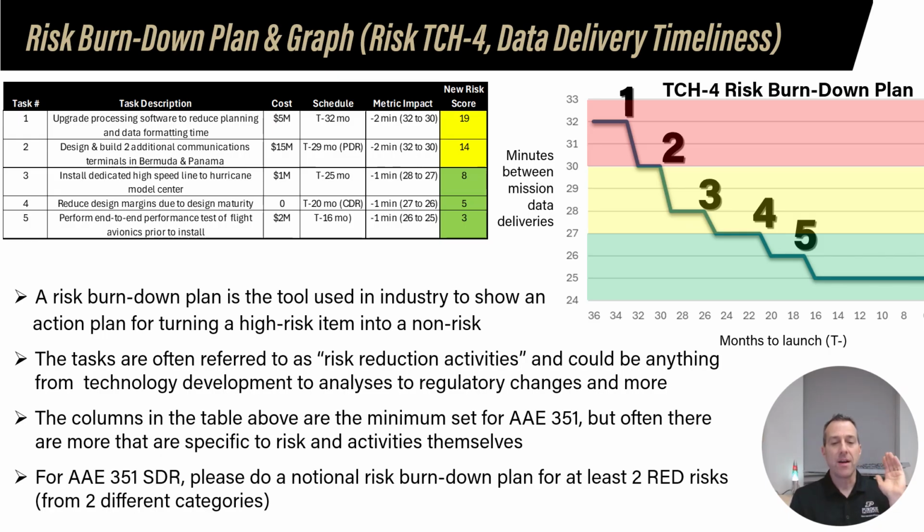So the minimum set of columns for your risk burn down plan are the ones that I have listed in this example. And so I'll talk through it now, and then we'll talk about what that might look like for you. So you'll see here there's tasks, and they're numbered tasks for this specific risk. And again, I chose from the last video, I talked about the requirements decomposition for the timeliness requirement of 30 minutes refresh of the data.